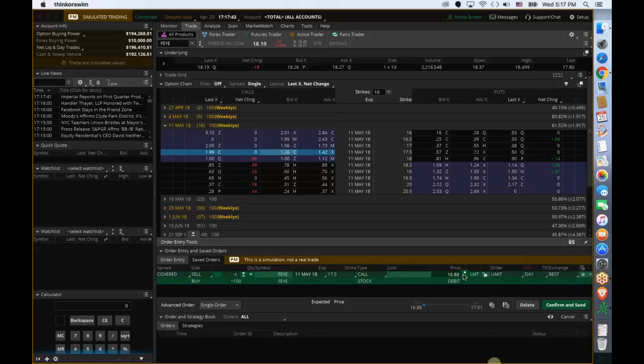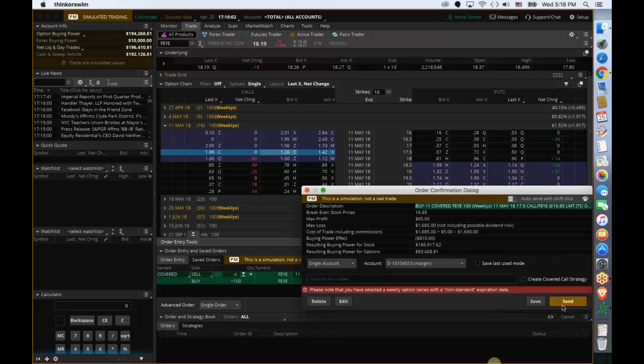Let's lower it to match, because our card says we can get it at 16.85. Okay, let's confirm and send this, shall we? Yes, sir. All right, so hit the old confirm and send. Verify that this is simulated trading. Simulation, not a trade. And a nice little covered call. Are you ready to send it? Yes, sir, I am.